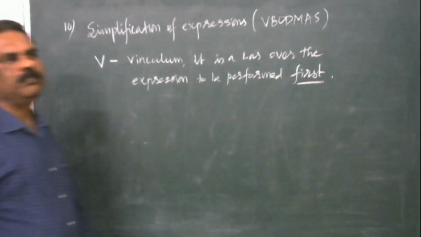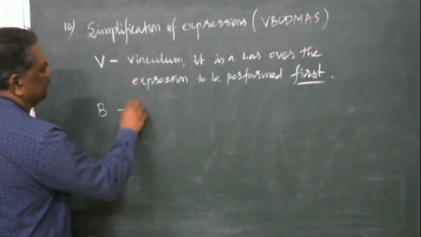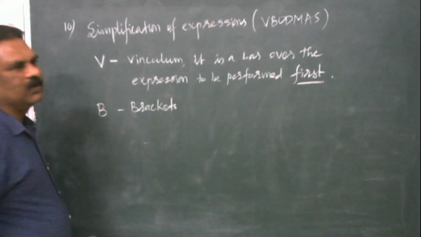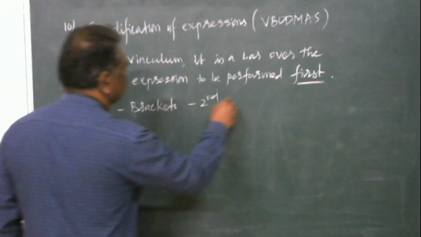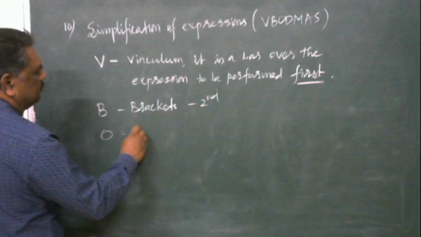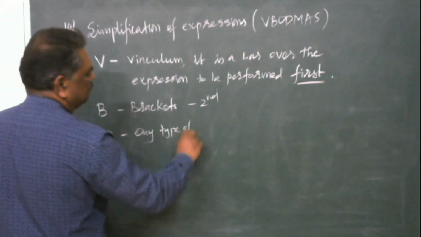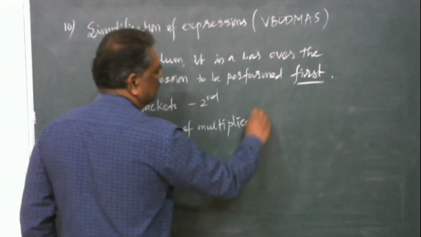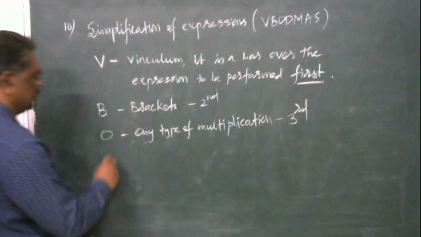Vinculum to be performed first, then brackets. B stands for brackets. Whatever the expression is within the bracket, that is to be performed second. Then O, of, one type of multiplication, that should be performed third.